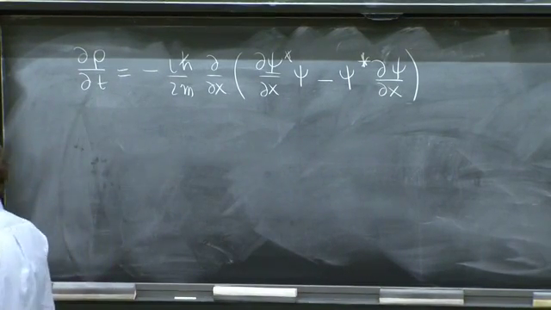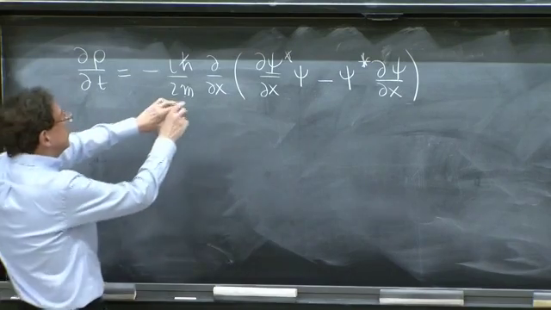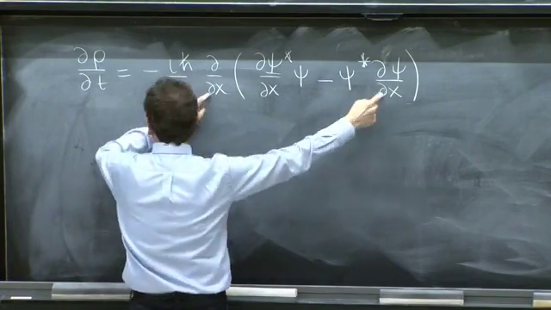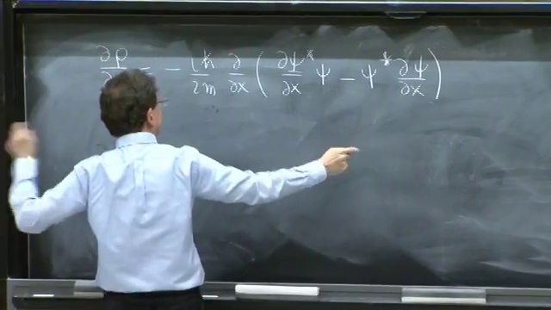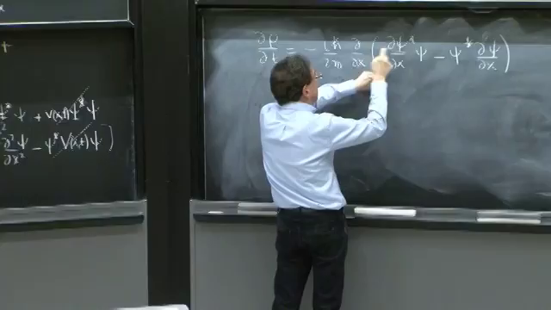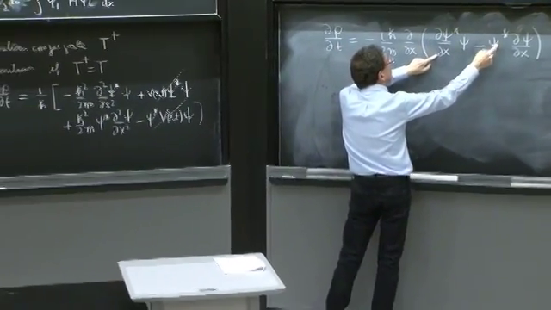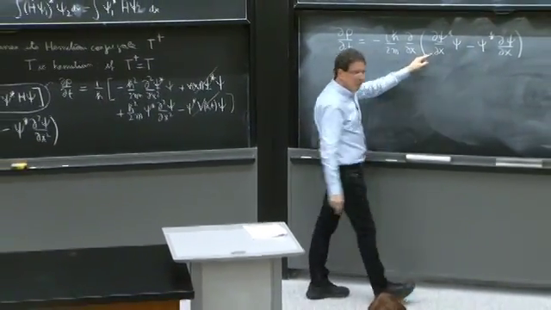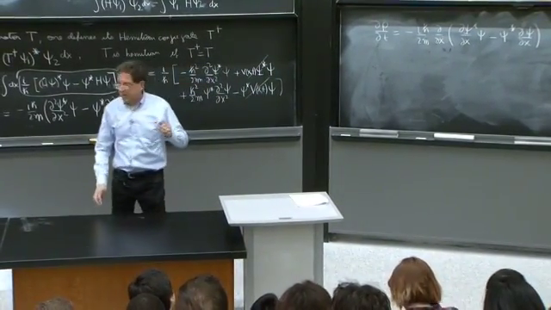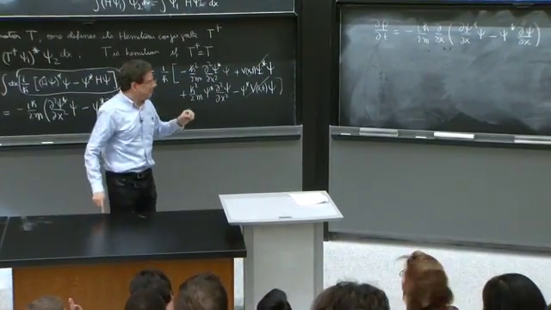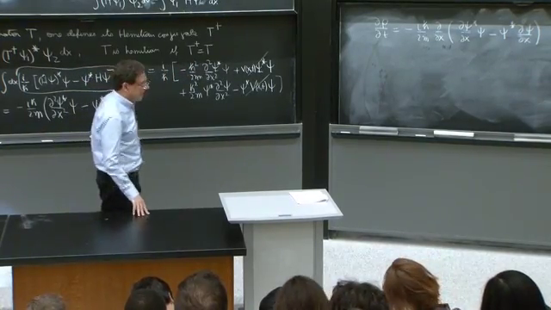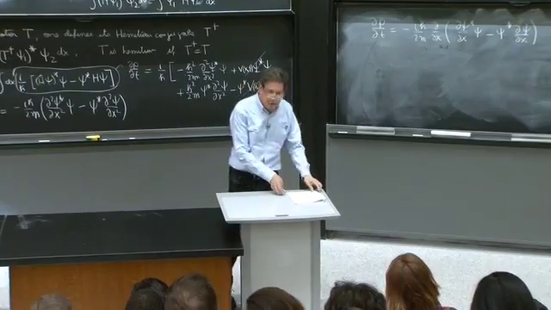The nice thing that happens here is that if you act with this d dx, you get the second derivative terms that you had in there. But you also get derivatives acting here on the psi and here on the psi star, but those would cancel. So it's a very lucky circumstance. It had better happen, but this is a total derivative with respect to x. And that's just very good news.